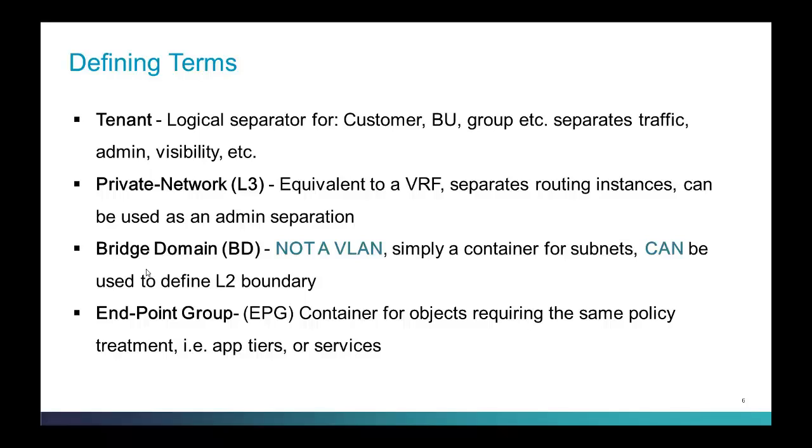So once again, it's just the ability to hierarchically, logically separate. Then you've got the bridge domain. So this could be just one subnet or multiple subnets. You might want multiple subnets, because if you want to treat those multiple subnets in the same way, that's where you put them in the bridge domain.